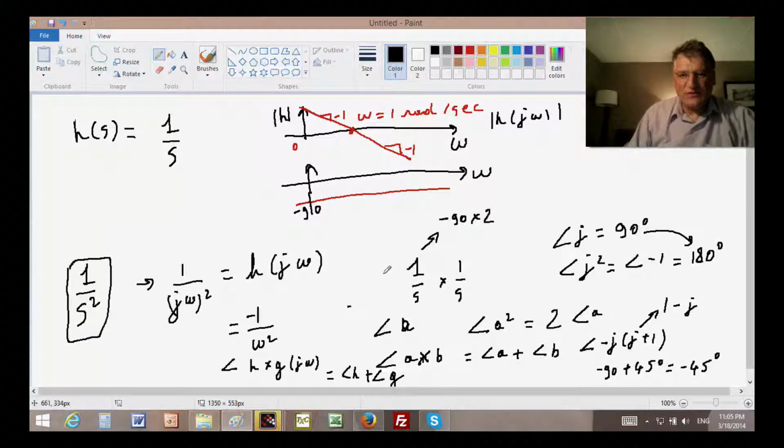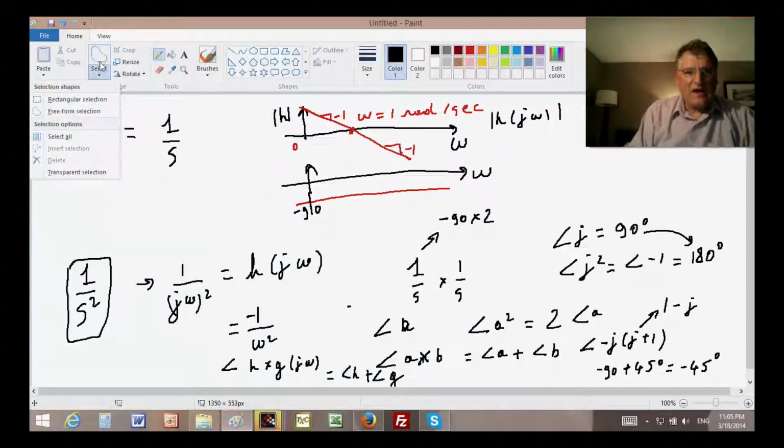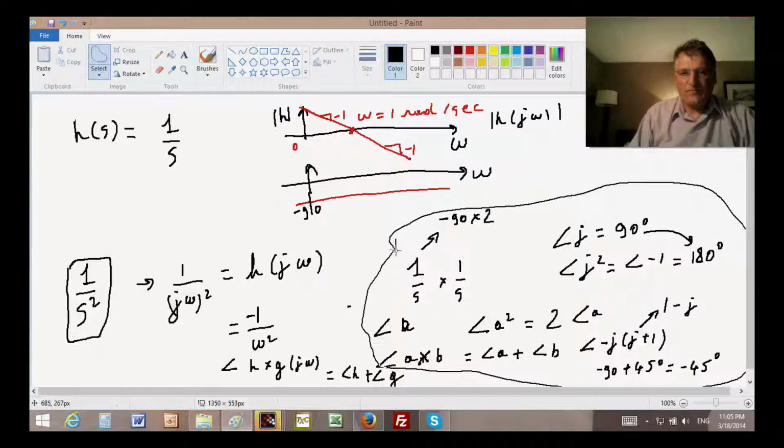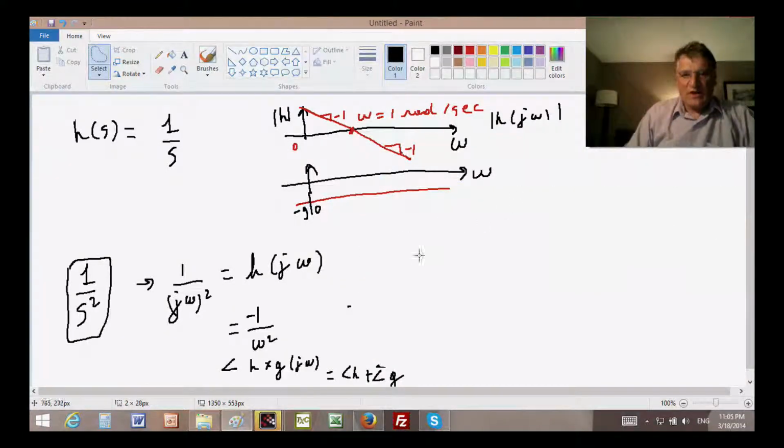Now, let's talk about magnitudes for a second before we go any further. And so for magnitudes, how do things work? Well, almost the same way. If we take the magnitude of, say, a function h squared, it just turns out to be the magnitude of h, squared.